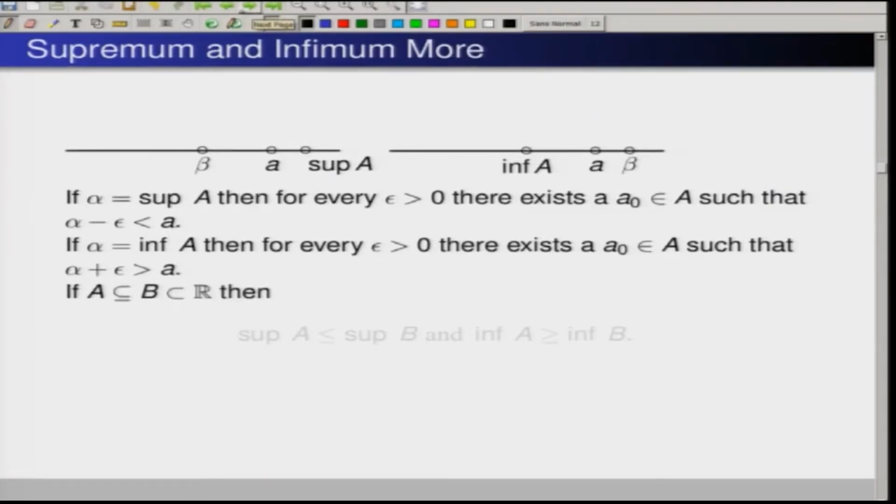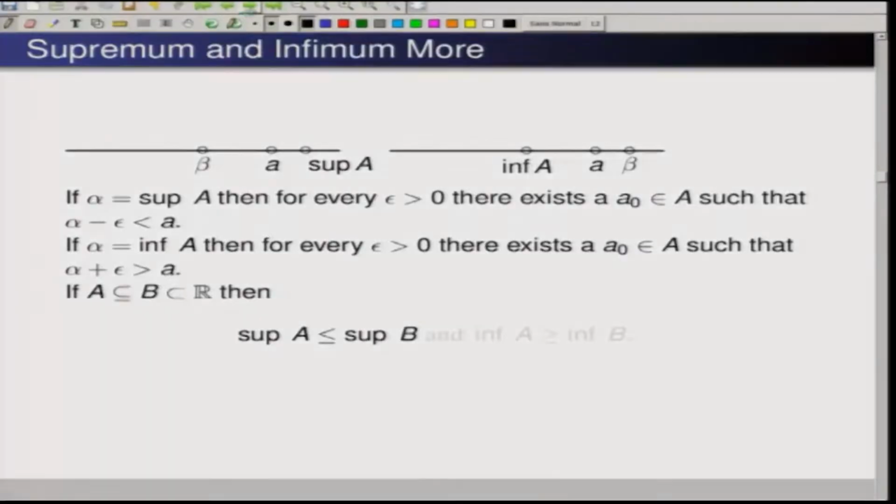Now, it is easy to see, which you can show by yourself: if I have two sets A and B and A is contained in B, that means B is the larger set than A, then the supremum of B will be bigger than the supremum of A. The supremum of the larger set will definitely be greater or equal to the supremum of the smaller set.